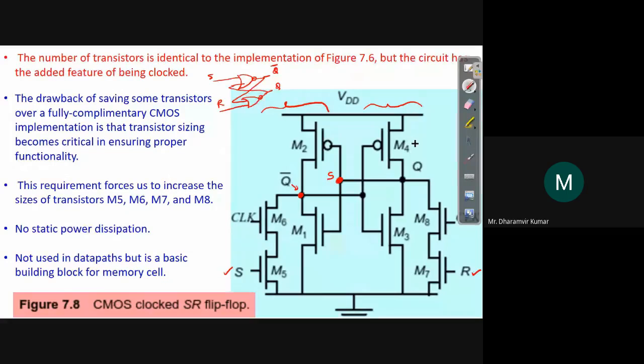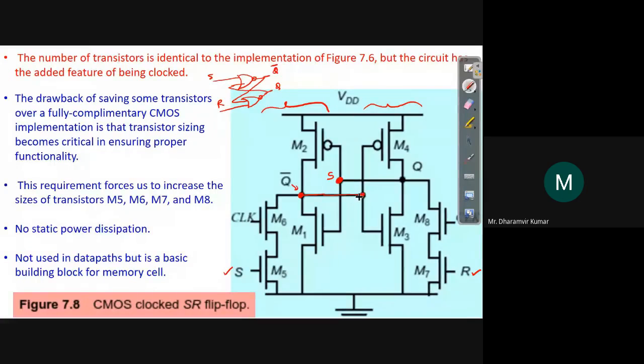At the gate of this PMOS and these NMOS is the input to the second stage, which is coming from the output of the first stage, that is Q bar. This Q bar is shorted to the input of the second stage, and this comes here.